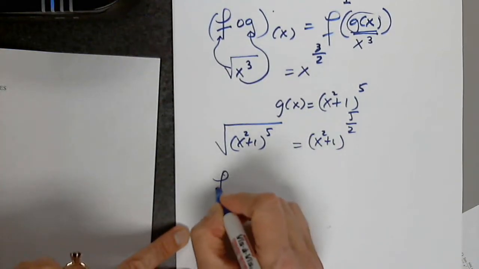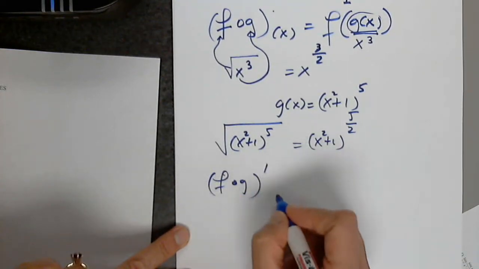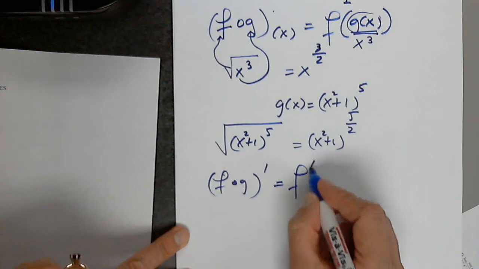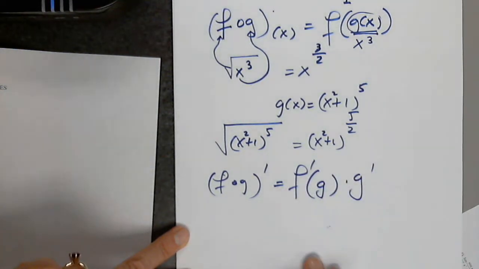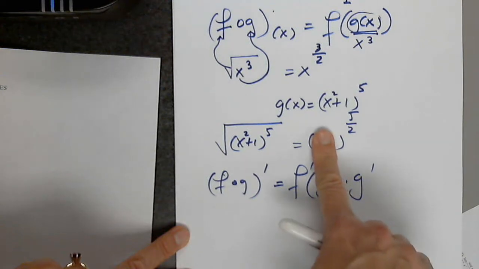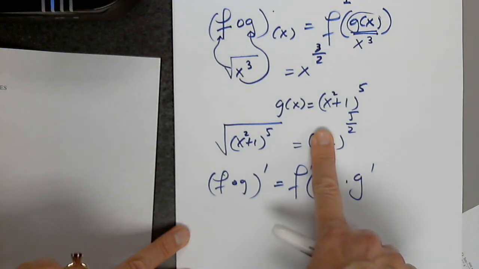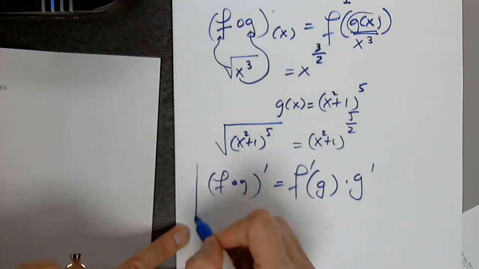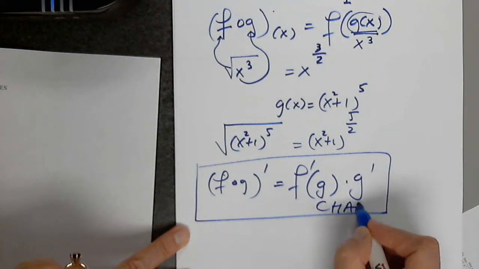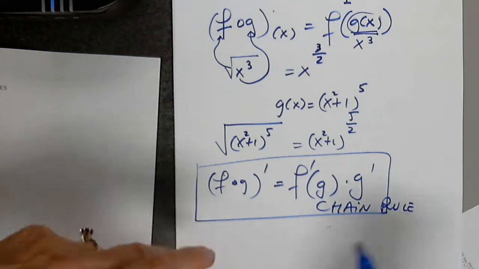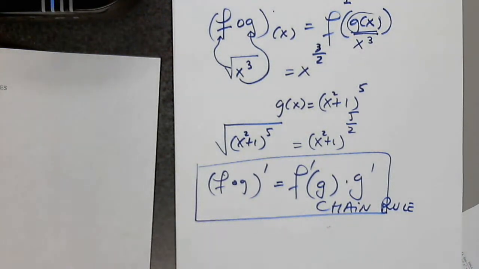So one more time. f of g prime is f prime of g times g prime, because this is no longer plain x. So this is the chain rule. We differentiate the outer function times the inner function prime.